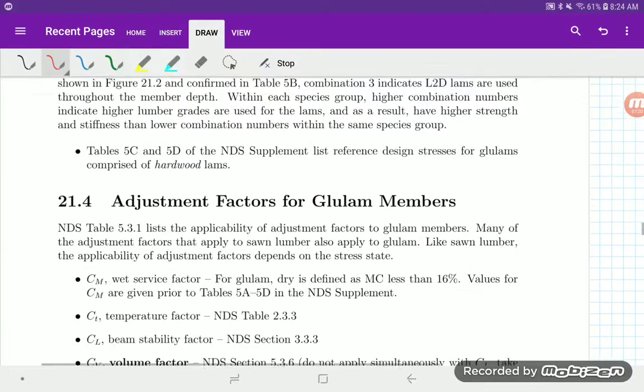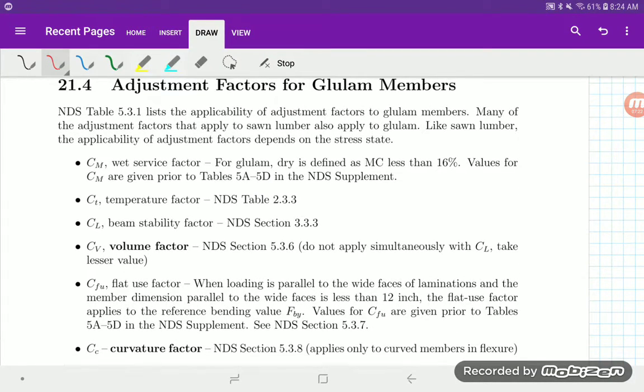Okay. So in terms of introductions, last few things, I do have here Table 5.3.1 is referenced for the adjustment factors for glulam members. If you recall, for sawn lumber, we had Tables 4.3.1 and 4.3.2 that were important.